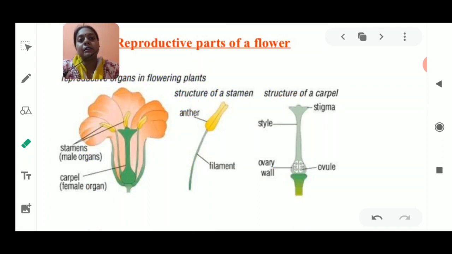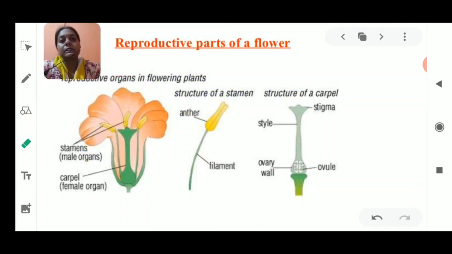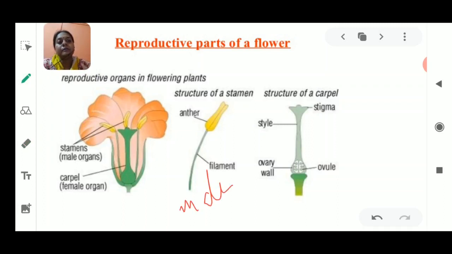You could see here, as it's given, that reproductive organs of a flowering plant consist of the male reproductive part and the female reproductive part. The male reproductive part is this, and it consists of a stamen. It consists of anther and filament.